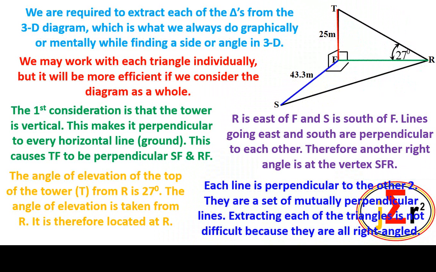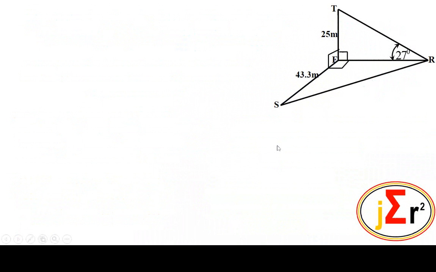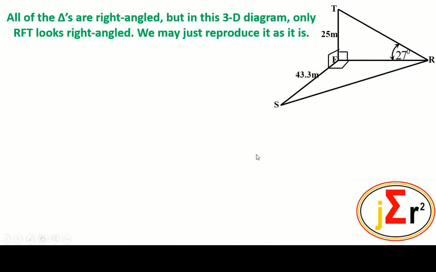It is therefore not difficult to extract the triangles. As a matter of fact, all of those lines are mutually perpendicular, meaning that each one is perpendicular to the other two. All of the triangles that we are required to extract are right-angled triangles.